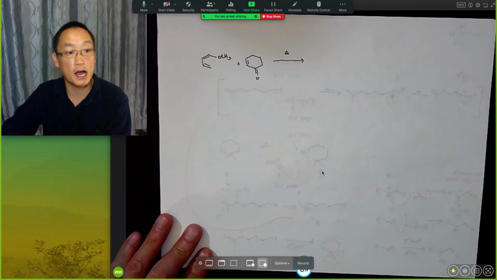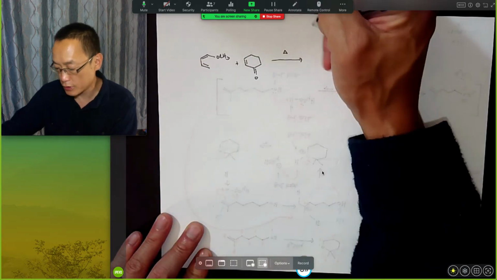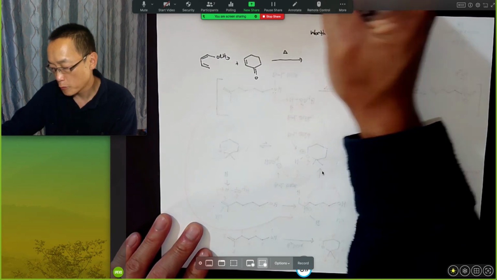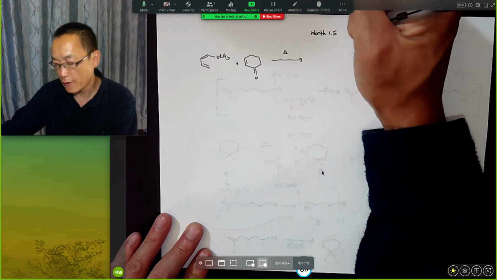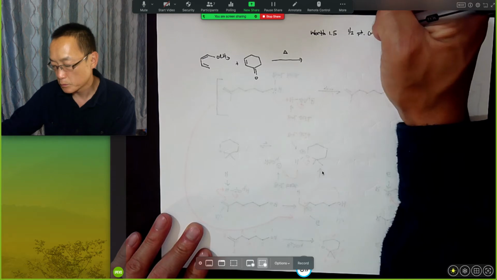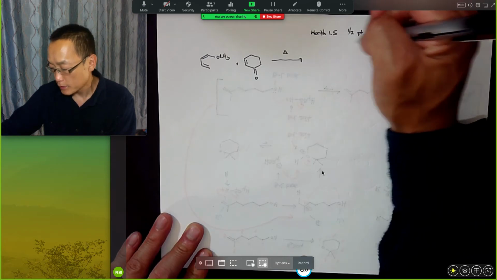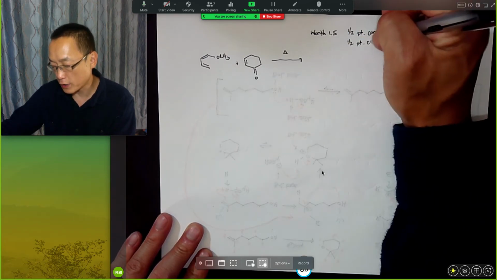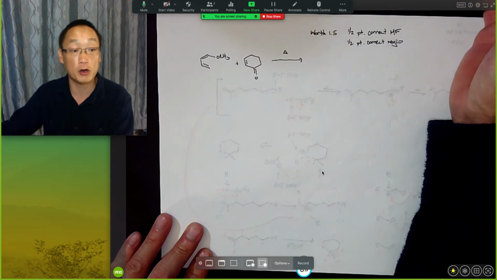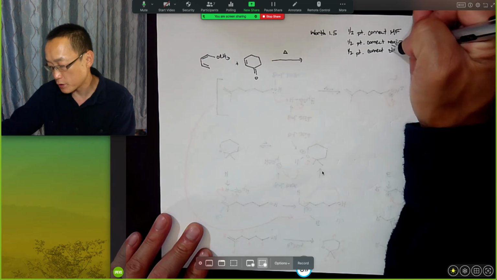Predict the major product of this reaction, and so this right here would be worth 1.5 points. 1/2 of a point for the correct molecular formula of the product. 1/2 point for the correct regiochemical product, and then 1/2 point for the correct stereochem.